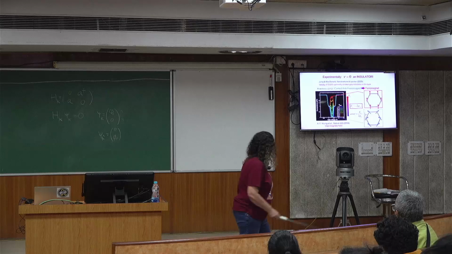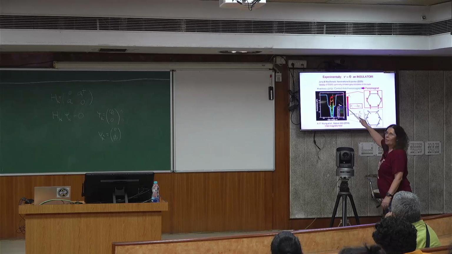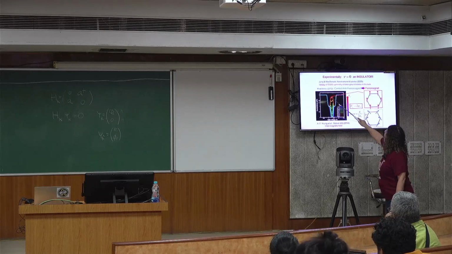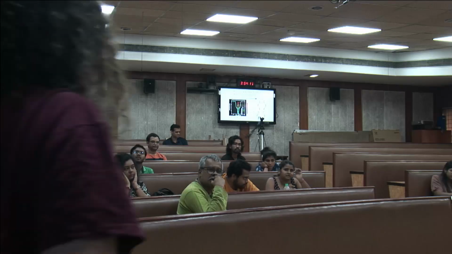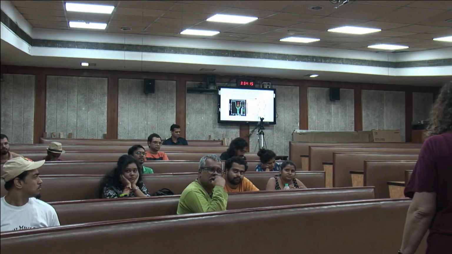I'll get to it in the end, because we have a theory which explains why it's not exactly at 2, but theoretically it should be 2, not 1. So why is it lower than 2?